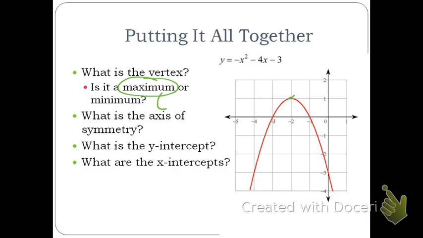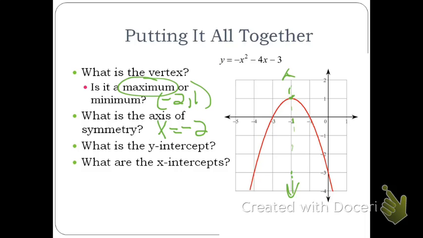The coordinates for that are -2, 1. Remember, you always write your x coordinate first before your y. The axis of symmetry goes through that vertex at -2. Because it's a vertical line, you have to write x is equal to the number where it goes through, -2.